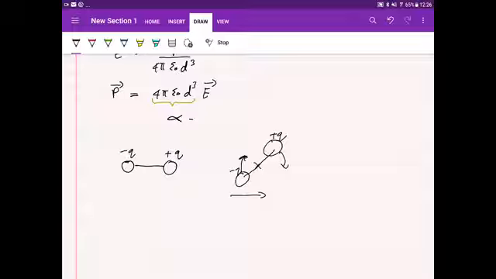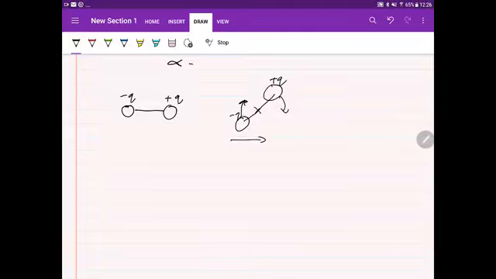However, in the last part of this video, we saw that even atoms that are neutral, and therefore have no permanent dipole, can be made to have a dipole because of the presence of an external electric field. So if we take an atom that has some dipole, if we draw it now as an electron cloud, then this will also generate an electric field.